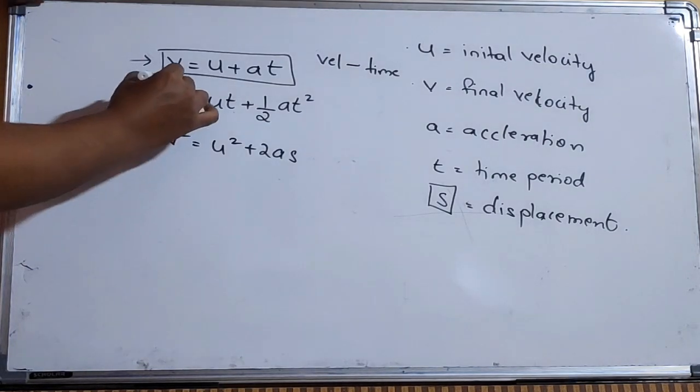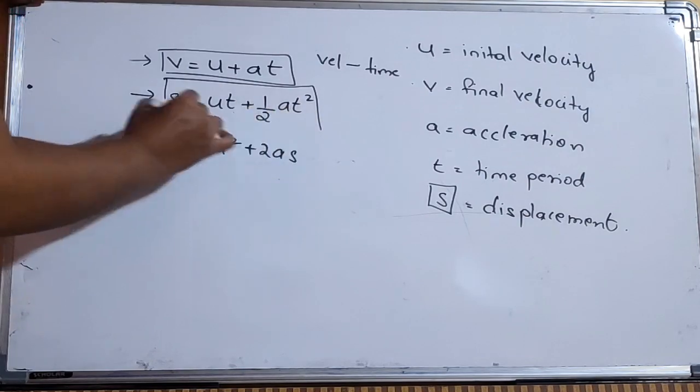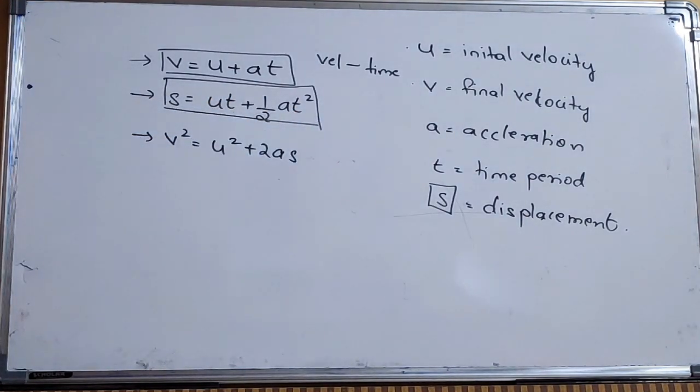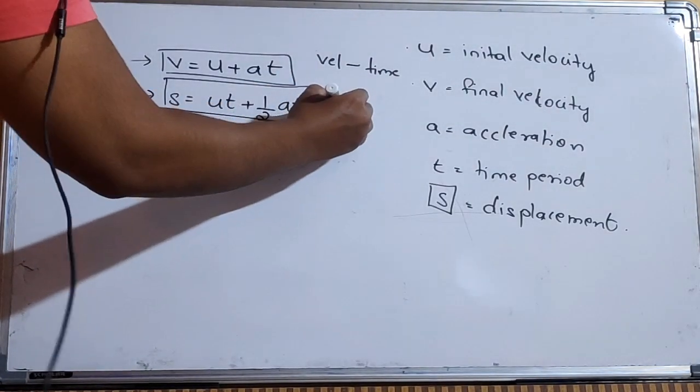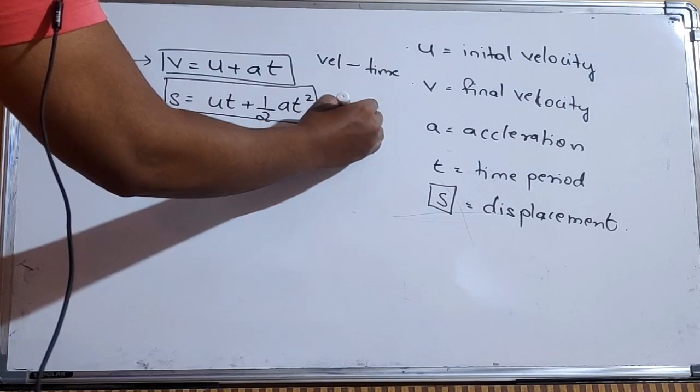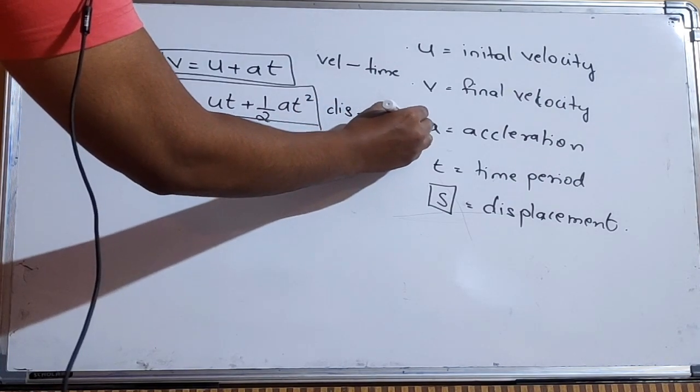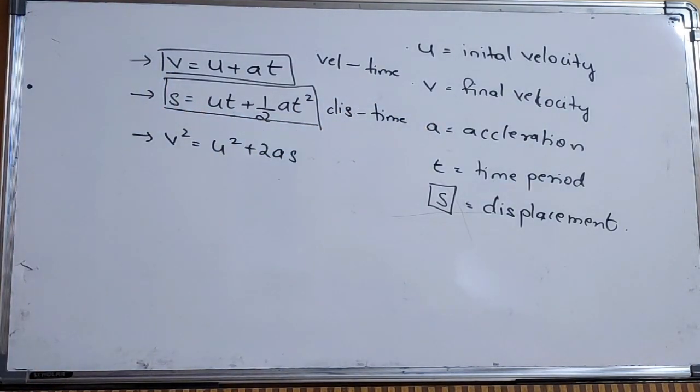Now, if you look at the second one, there is no final velocity. So this equation gives the relation between displacement and time.